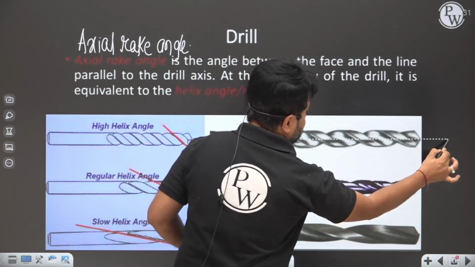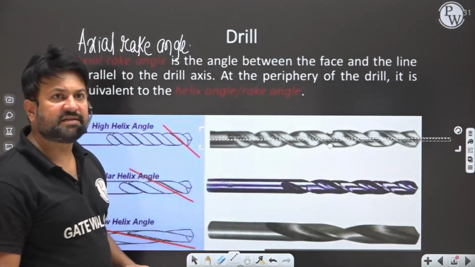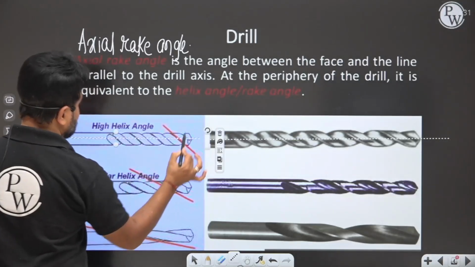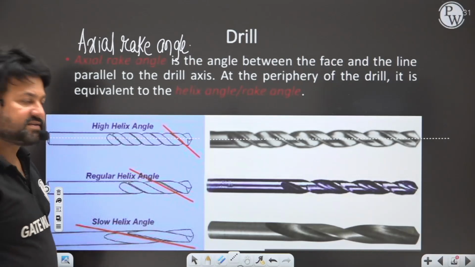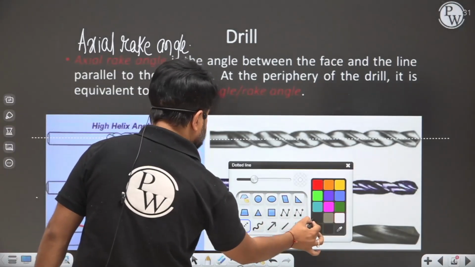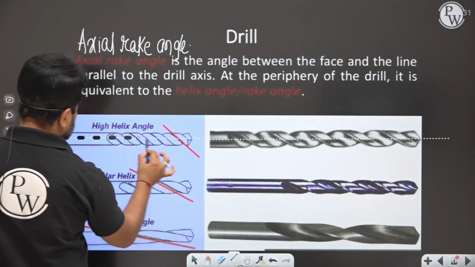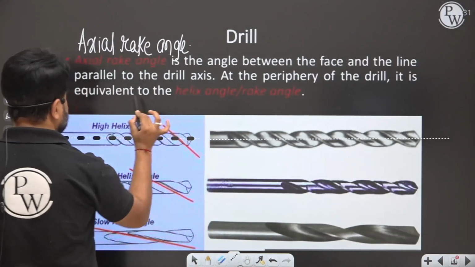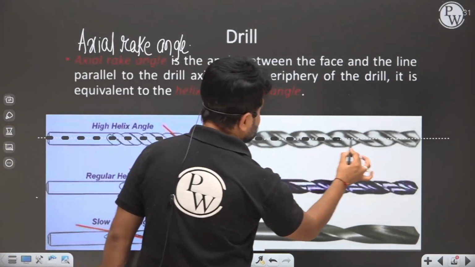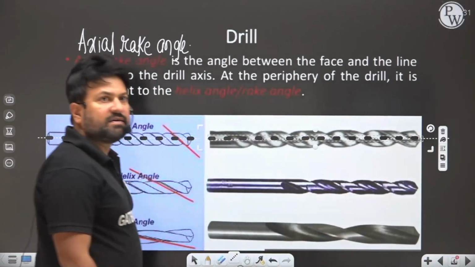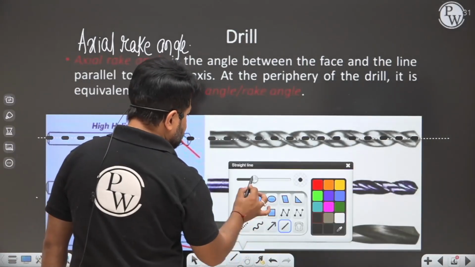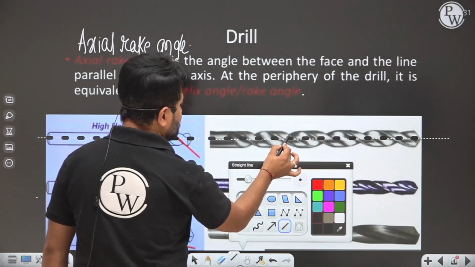See, this is the axis of rotation of the drill tool. If it is not visible, I will change the color. See here, this is the axis of rotation of the drill tool. Similarly here you can see this is the axis of rotation. Now see the outer periphery of the drill tool.